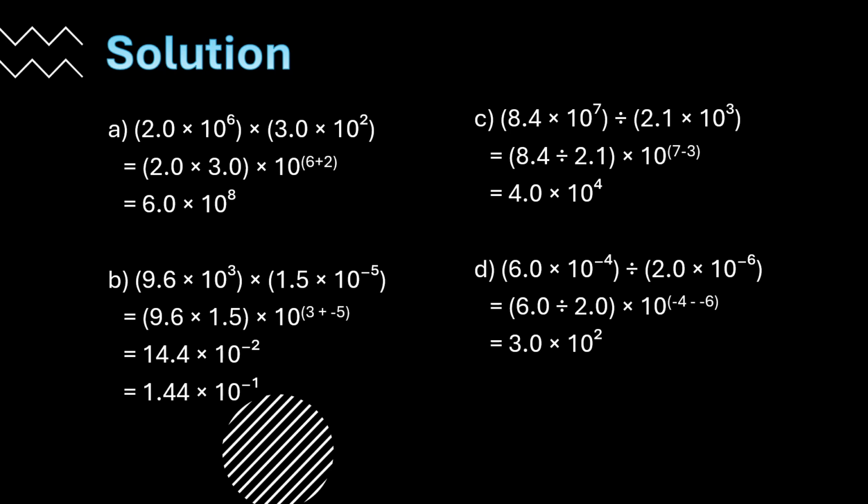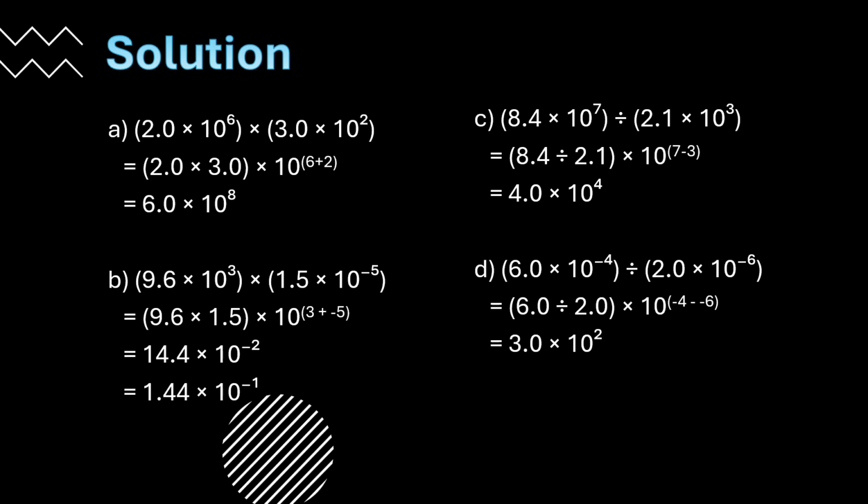Now in this case, the 5 is bigger than 3 in its absolute value, so we're going to copy the negative sign of 5 here. So 3 minus 5, that is negative 2. So the answer is 14.4 times 10 to negative 2. Now take note that we have two digits here before the decimal point.